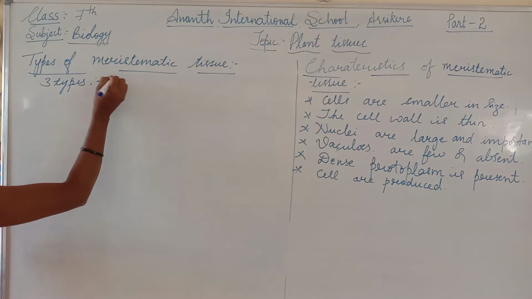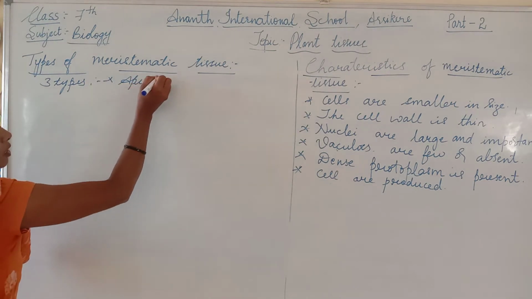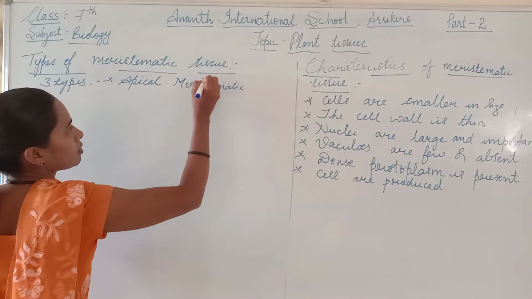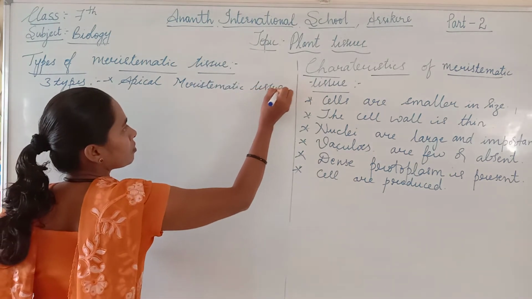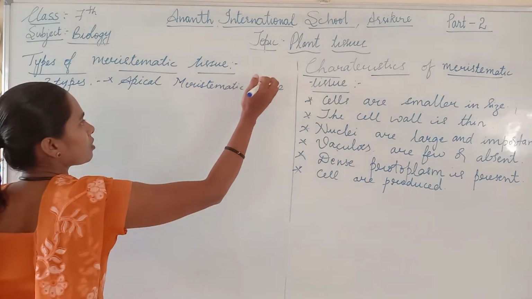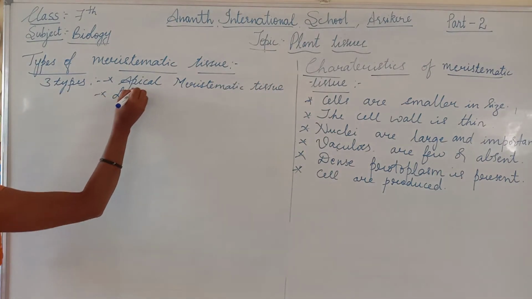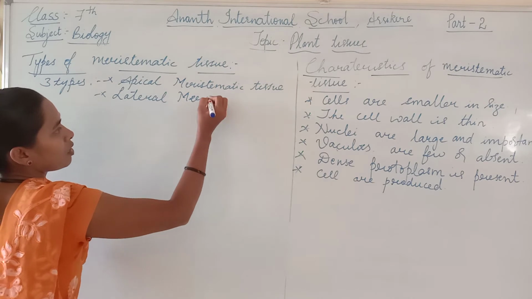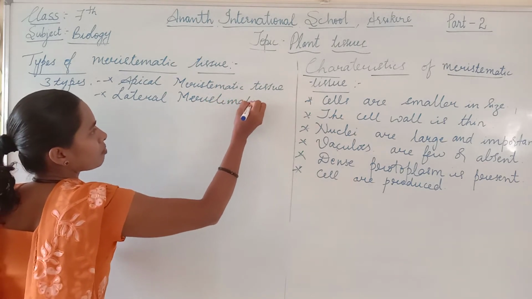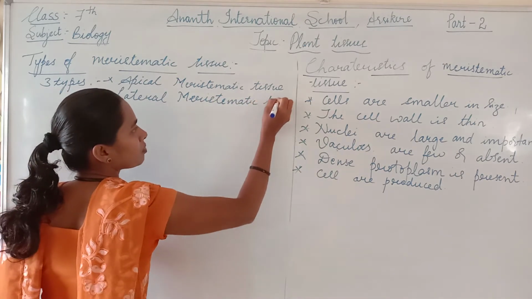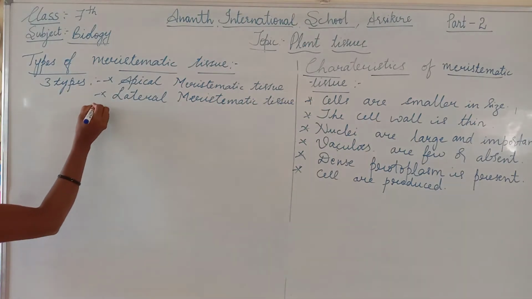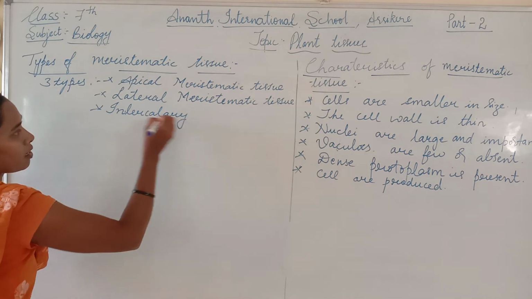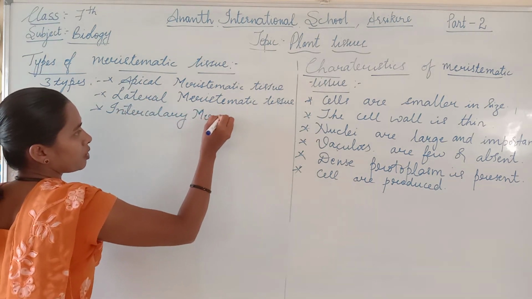The first one is the apical meristematic tissue, the second one is the lateral meristematic tissue, and the third one is the intercalary meristematic tissue.